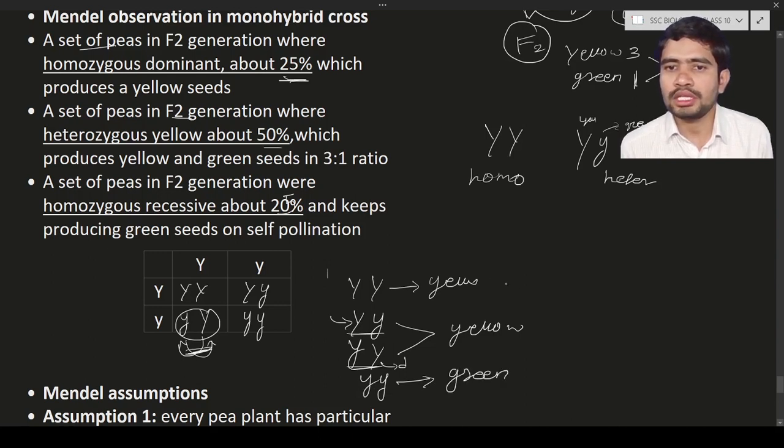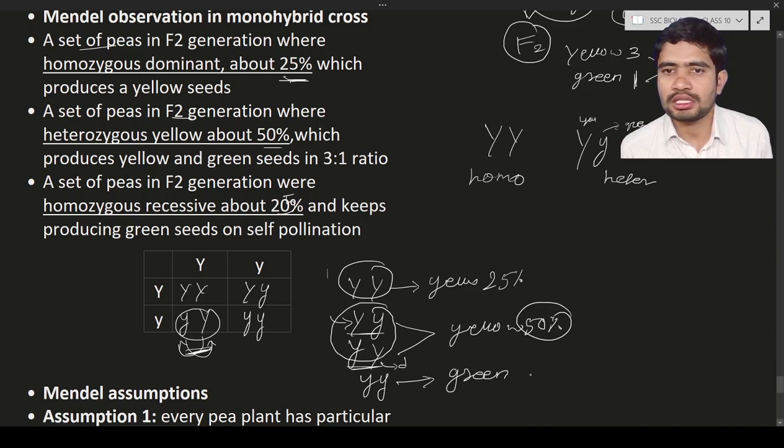Now take the ratios. 25 percent is homozygous, meaning same genes, and 50 percent will be heterozygous, and the other 25 percent is homozygous. This is homozygous dominant, and this is homozygous recessive.